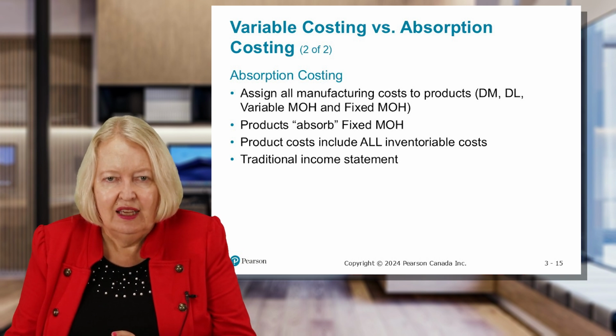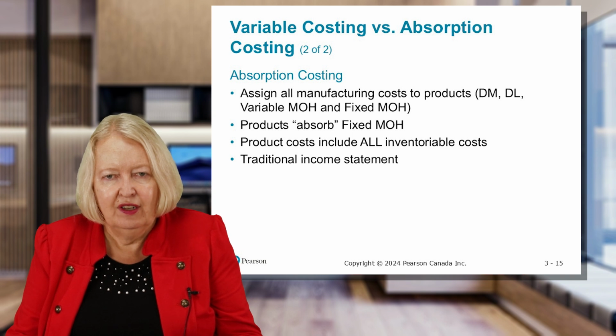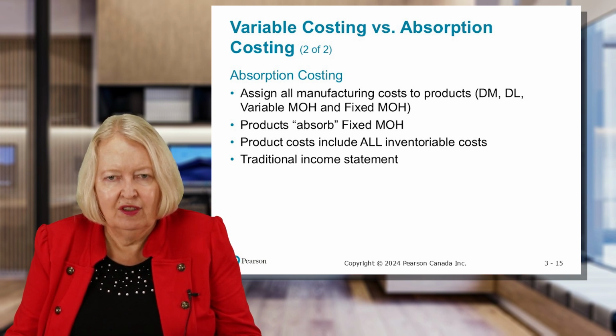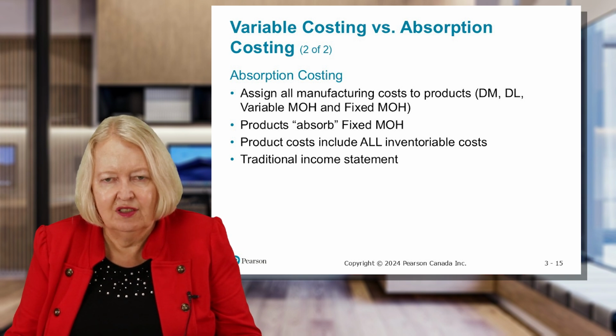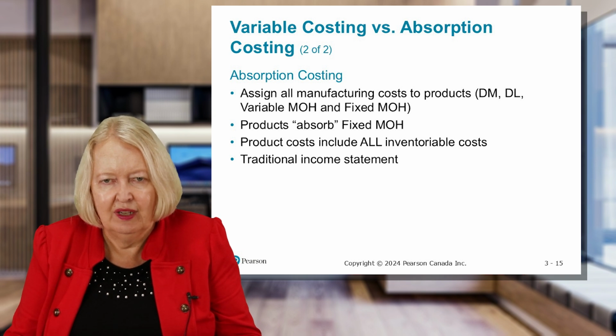Absorption costing, here all the manufacturing costs to make the product are included. And the main difference here is that your manufacturing costs include both variable manufacturing overhead and fixed manufacturing overhead. So what you're doing here is absorbing your fixed manufacturing overhead into the cost of making your products.